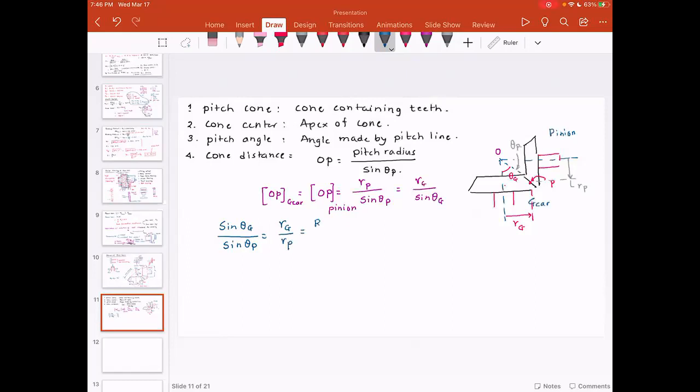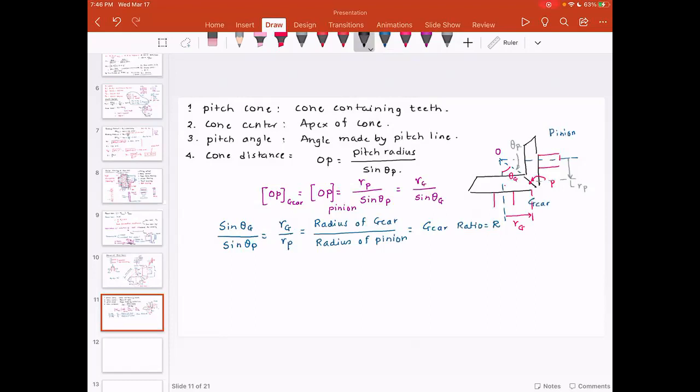Rg is the radius of the gear, Rp is the radius of the pinion, and this is nothing but the gear ratio, also called the velocity ratio. This information will be used when we work out the problems.